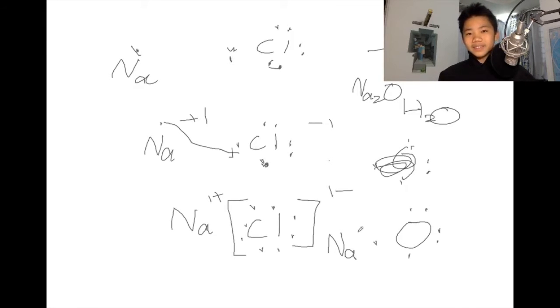Each sodium will have a charge of +1, while the oxygen, gaining 2 electrons, will have a charge of -2. In this case, we don't write 2 sodiums. We put a 2 in front of the sodium, and we write the charge of each individual sodium. This is how we handle Lewis dot structures when there is more than 1 atom involved.